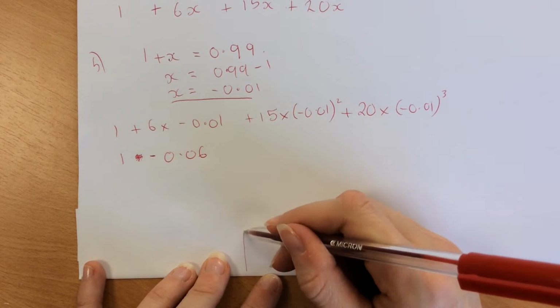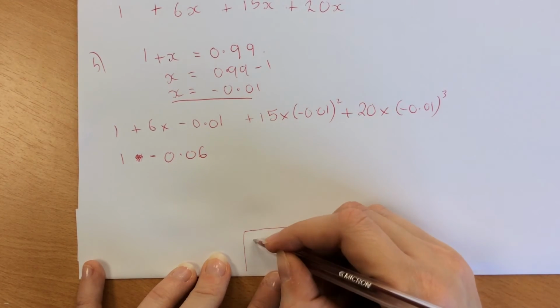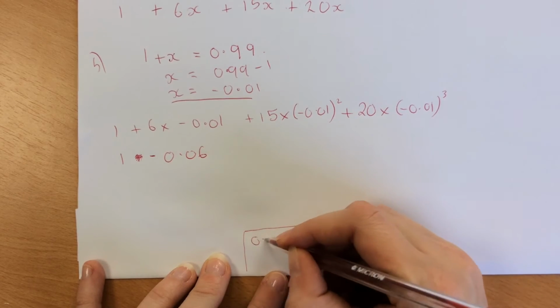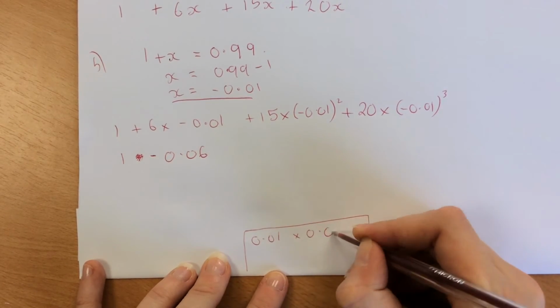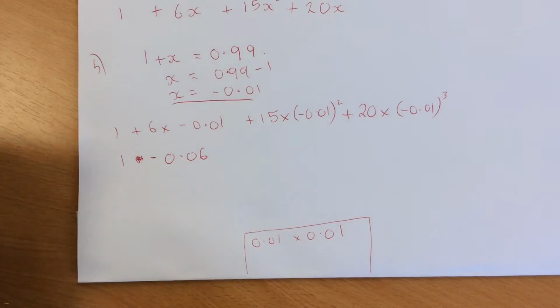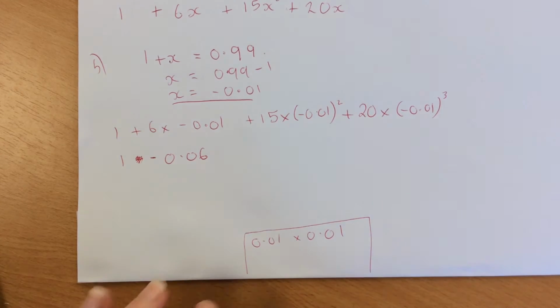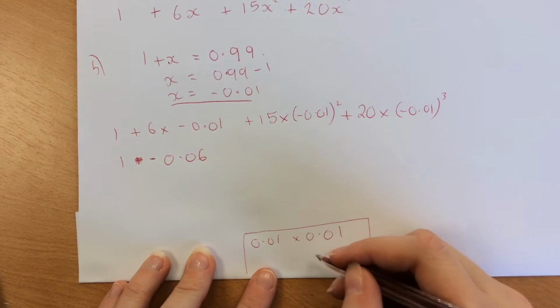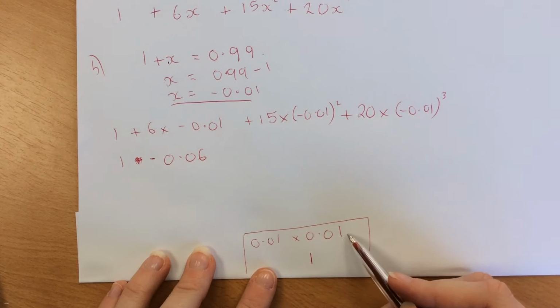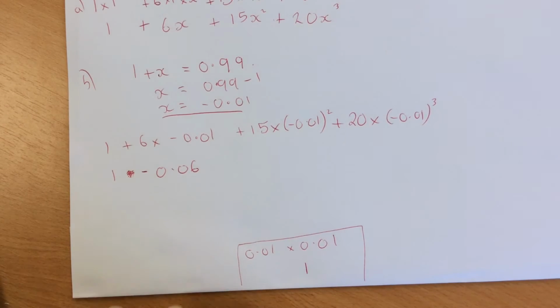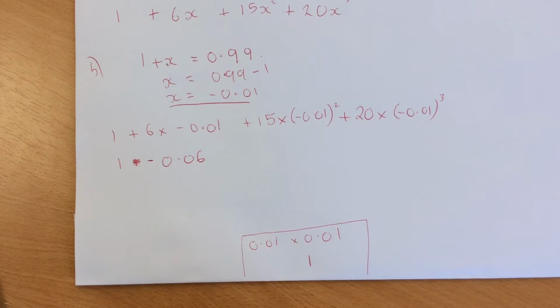Then it gets a bit fiddlier, so I'm going to do a little bit of working out down here. If you have to use non-calculator, for 0.01 times 0.01, what I would do there is pretend there are no decimals to start and just put in the 1. Then you're going to go back 1, 2, 3, 4 decimal places, okay?